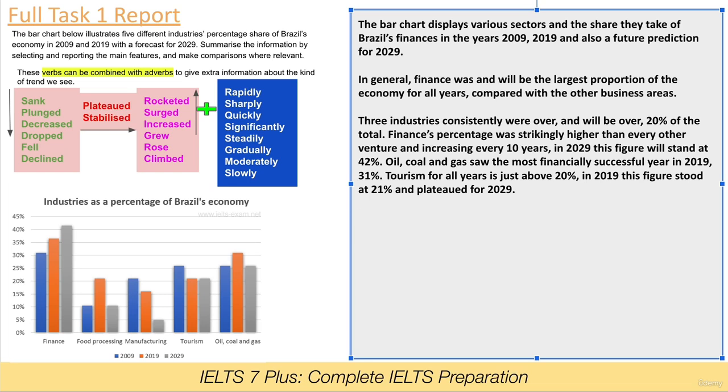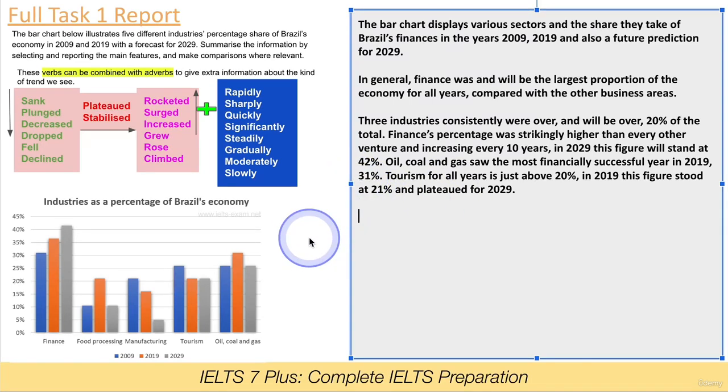3 industries consistently were over and will be over 20% of the total. Finance's percentage was strikingly higher than every other venture, so we're comparing, and increasing every 10 years. In 2029, this figure will stand at 42%. Oil, coal and gas saw the most financially successful year in 2019, 31%.